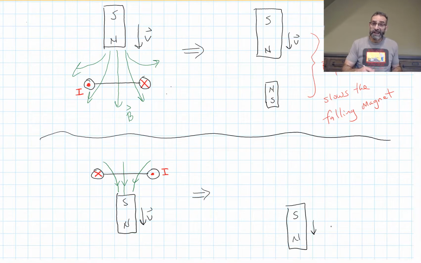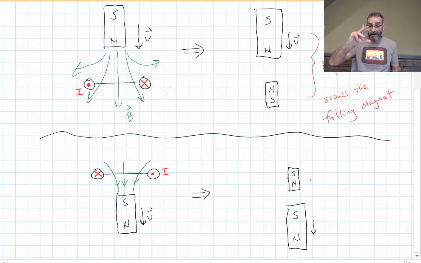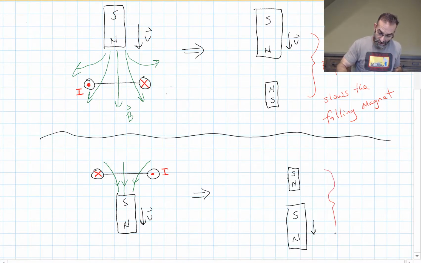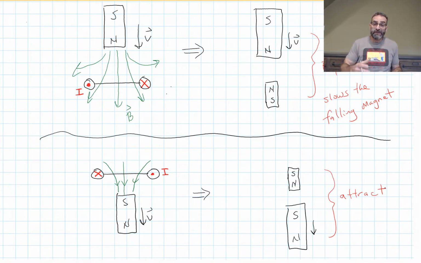And my loop of wire actually behaves like a little electromagnet. But this time, the north end is down. It has switched polarity. And what do I get here? An attractive force. What does that do? It slows the falling magnet.